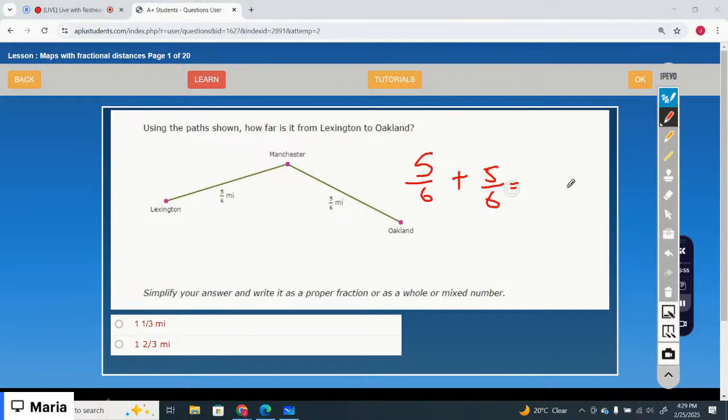That is the same denominator, just add the numerators. 10 over 6. 2 times 5 is 10, 2 times 3 is 6. And then you have to write the answer in the mixed fraction form, divide. That is 1 whole 2 over 3. Option number 2 is the correct option.